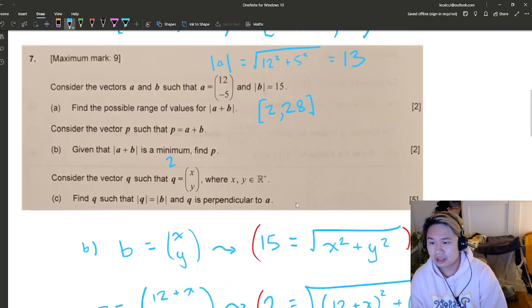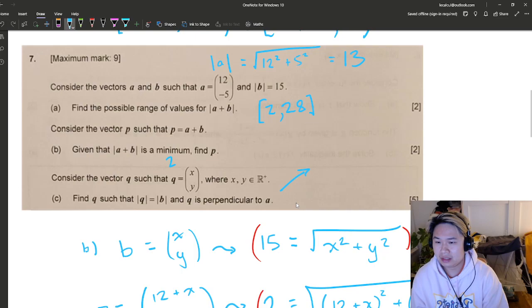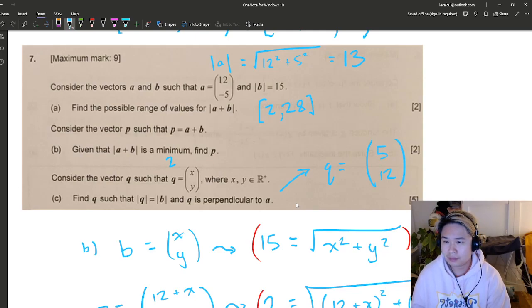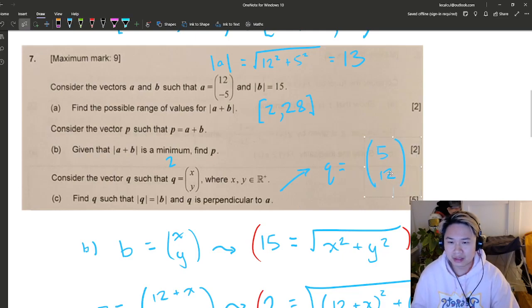Okay. Because if it's perpendicular to A, then Q should be the direction vector for Q. It should be some multiple of the negative reciprocal. So 5/12, right? Okay. But we know that the length of this is 13.